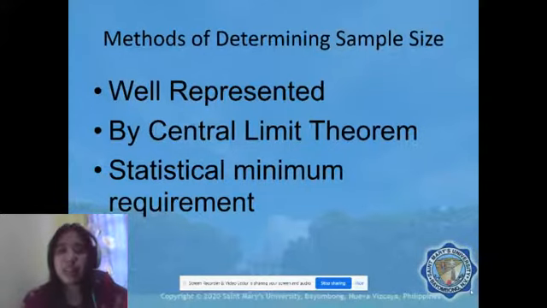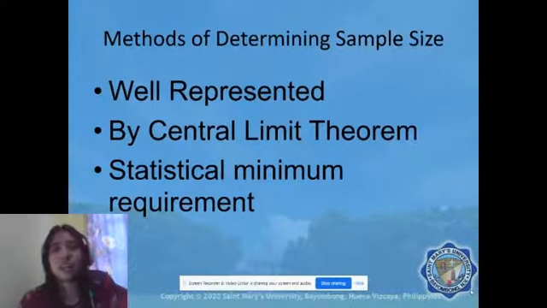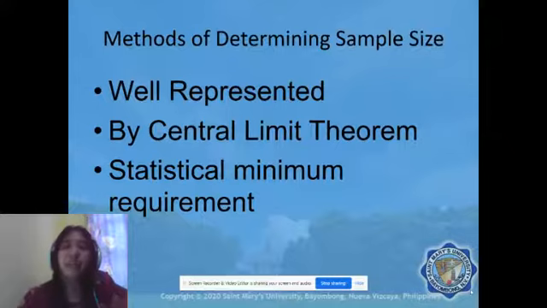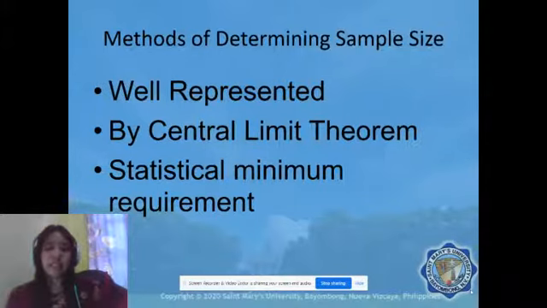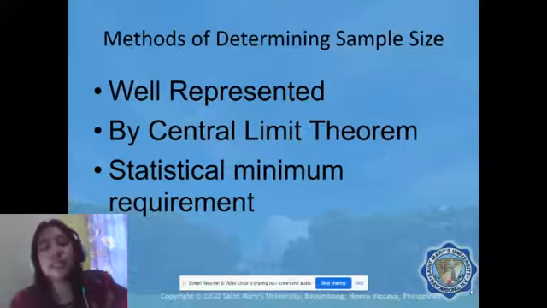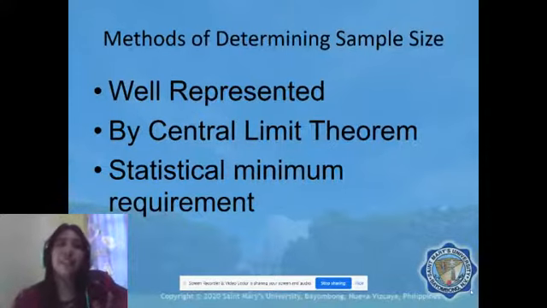Because in using statistics later, we are going to discuss that there are appropriate statistics, so you cannot just use any method. The next one is the statistical minimum requirement. For a test for comparison, the minimum number is 5.